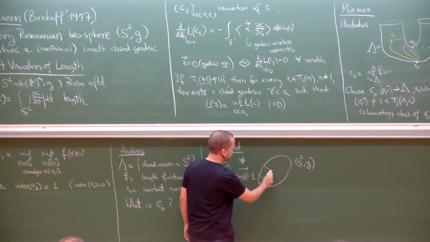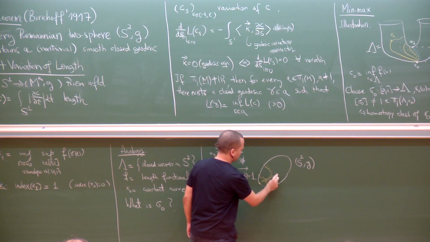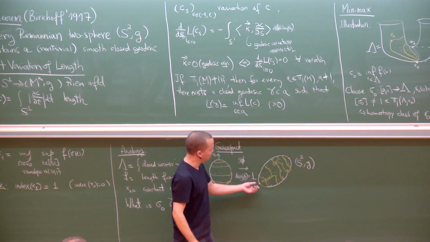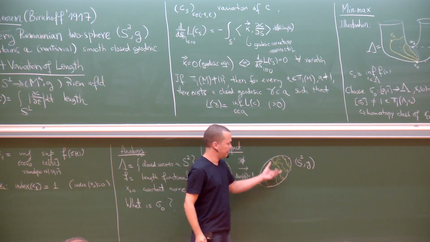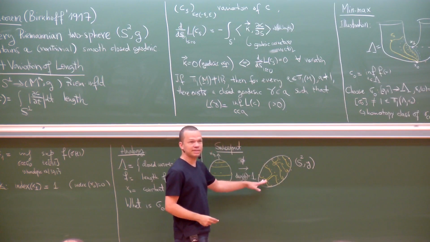The map phi doesn't have to be injective, so maybe something like that could happen. Anyway, this gives me a one parameter family of curves that sweep out my S2. So this is my sigma naught.